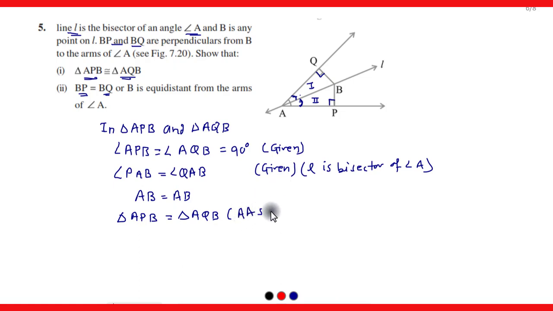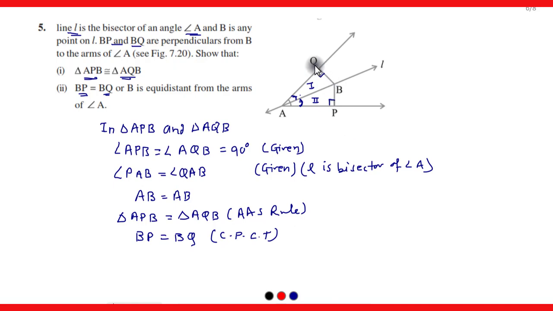AAS rule. By AAS rule these two triangles are congruent, and since the two triangles are congruent, their corresponding parts will also be equal, and so we can say that BP is equal to BQ because of the corresponding parts of the congruent triangles.